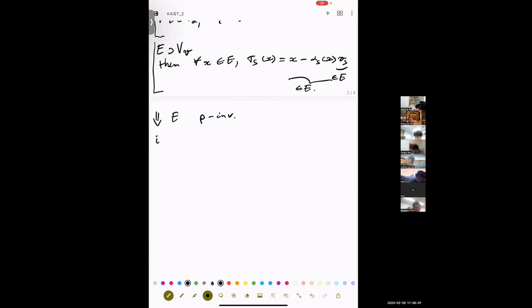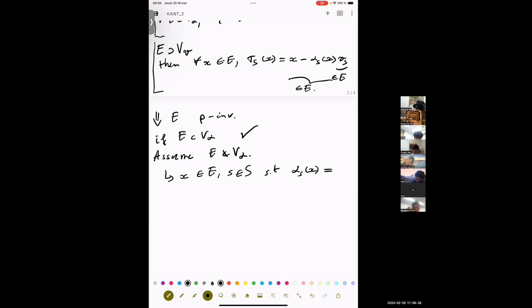If E is included in V_alpha, then it's done. So assume that E is not included in V_alpha. It means that you can find an x in E and an s in S such that alpha_s(x) is not equal to 0.